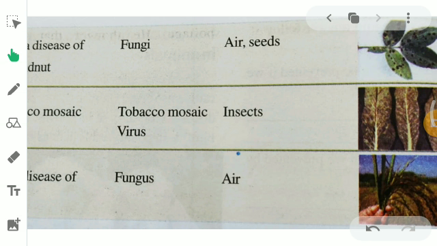Next one is food poisoning. Generally we hear or read in the newspaper that some people were hospitalized due to food poisoning. Food poisoning can come from consuming spoiled food. The microorganisms produce toxic substances that poison us.